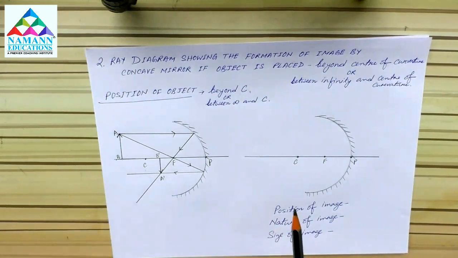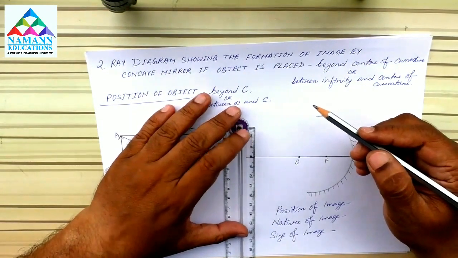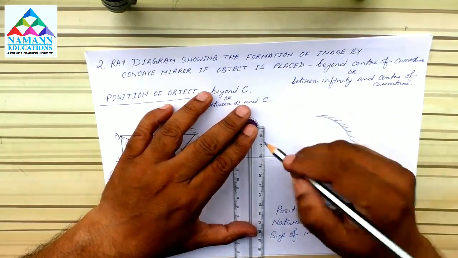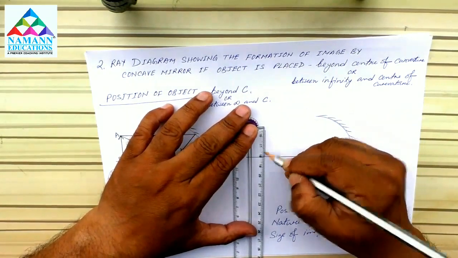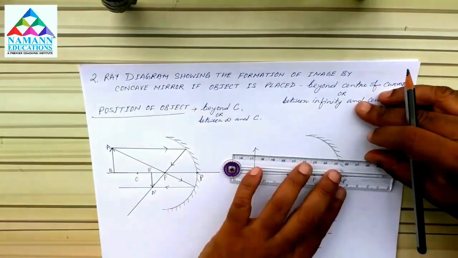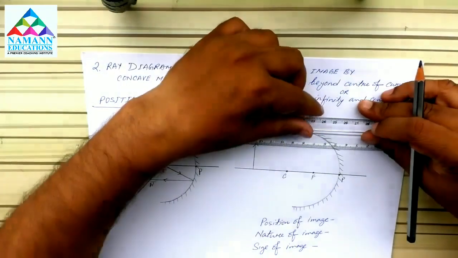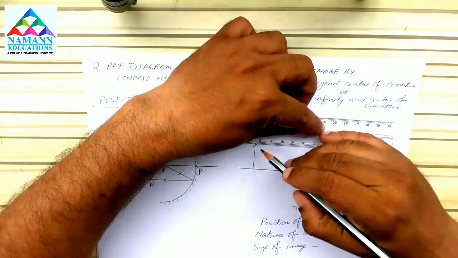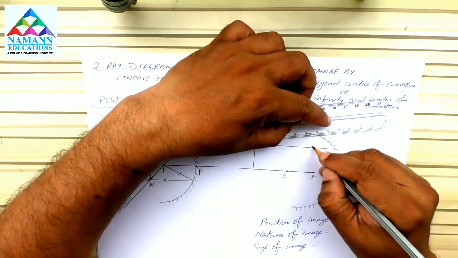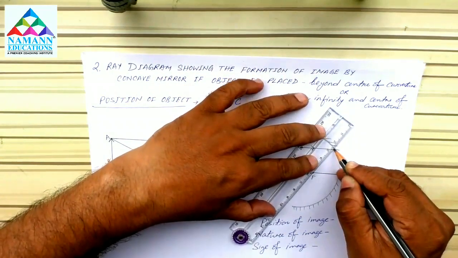We'll draw this diagram in another way by using different rules. Object is placed beyond center of curvature. You know that if object is placed beyond center of curvature, image is formed between C and F. We are considering a ray of light incident parallel to the principal axis. We know that after reflection, this light ray will pass through focus.